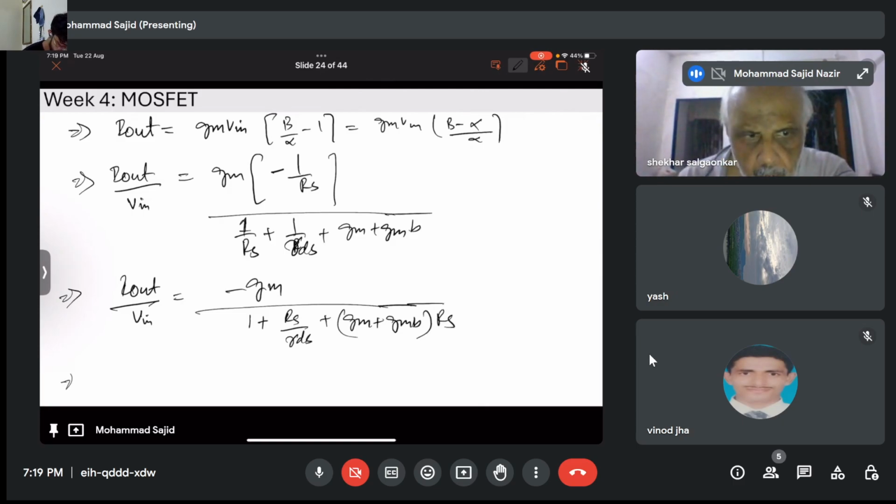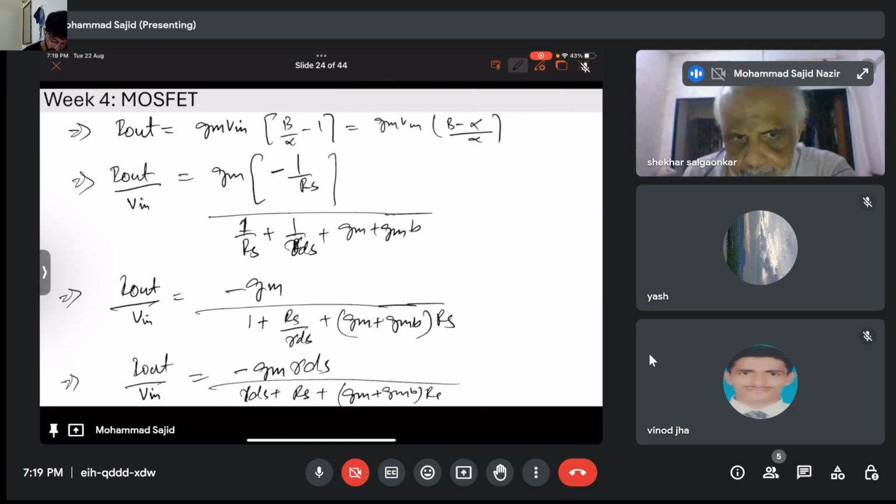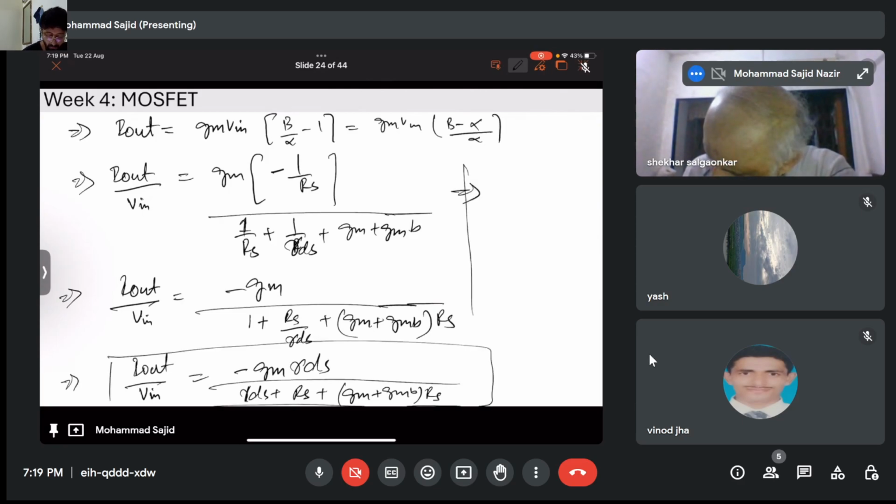Now, if I multiply it forward by Rds in the denominator, we will get minus Gm Rds divided by 1 plus Rds plus Rs plus Gm plus Gmb Rs. Now, know that for a transistor, the maximum gain is Gm Rds.